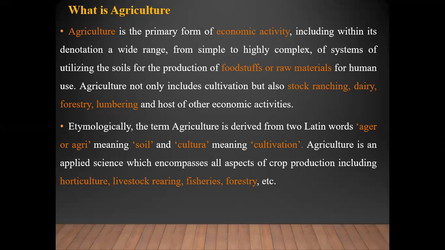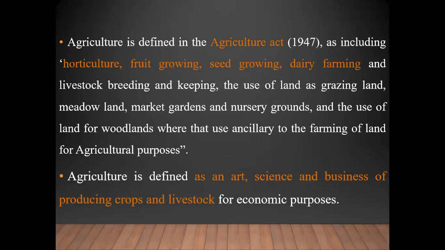Agriculture means soil cultivation. Agriculture is an applied science which encompasses all aspects of crop production, including horticulture, livestock rearing, fisheries, and forestry, etc. Agriculture is defined in the Agriculture Act of 1947 as including horticulture, fruit growing, seed growing, dairy farming, and livestock breeding and keeping, the use of land as grazing land, meadow land, market gardens, and nursery grounds, and the use of land for woodlands, where that use is ancillary to the farming of land for agricultural purposes.